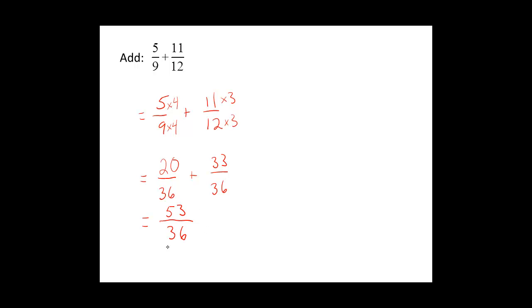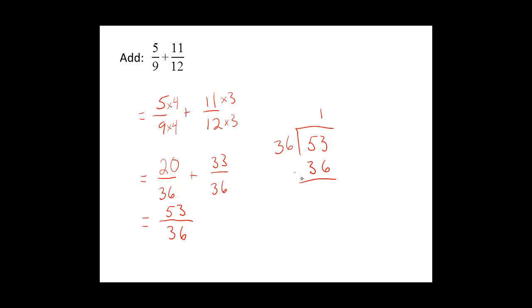This is the answer as an improper fraction, but we can change it to a mixed number by putting the numerator under the division symbol and dividing by the denominator. 36 divides 53 one time.